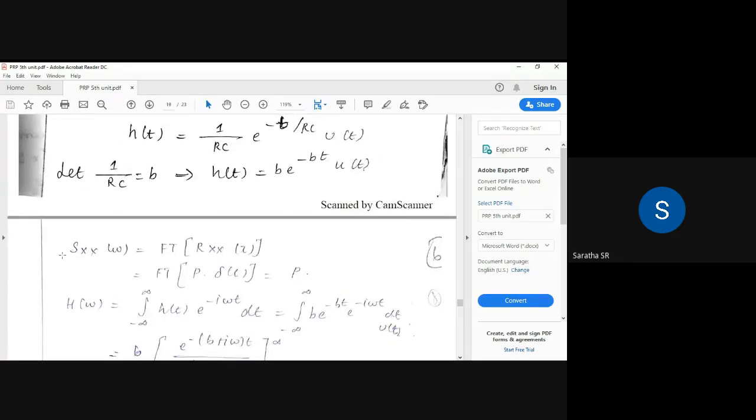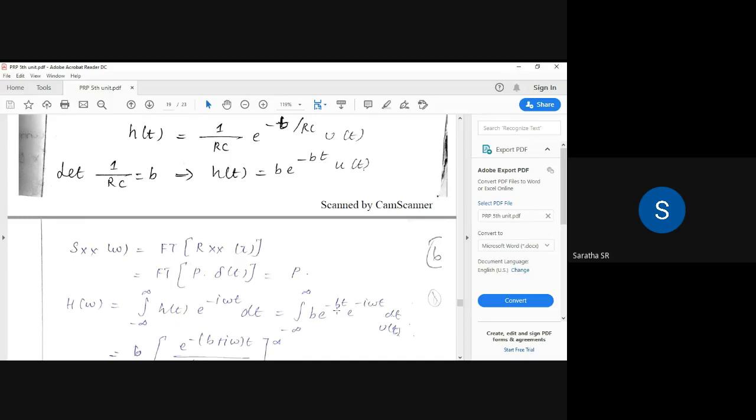Next we move on to Sxx of omega. Rho delta of t is given, so apply the Fourier transform. P is a constant, remove it, and the Fourier transform of delta of t is 1. H of omega we have to find with the help of the Fourier transform.